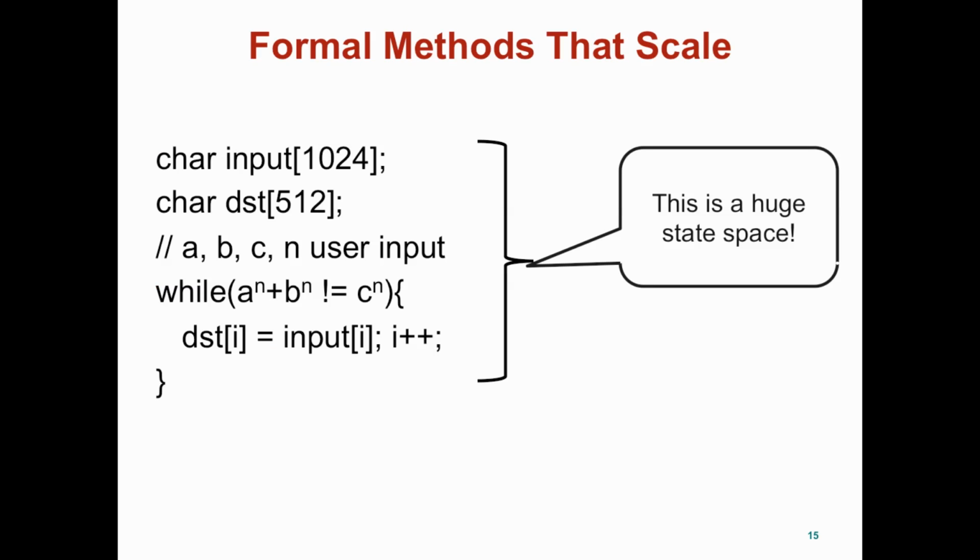A second challenge is we need to come up with formal methods that scale. When you analyze real programs, you have a very, very large state space. For example, here we have a program that iterates a loop while a to the n plus b to the n is not equal to c to the n. Until very recently, we didn't even know if this loop would terminate for any value other than 2 for n. So how do we formally analyze this program in a way that we can actually scale?